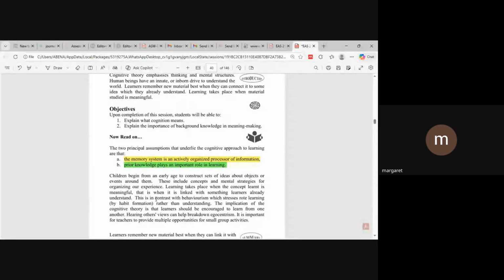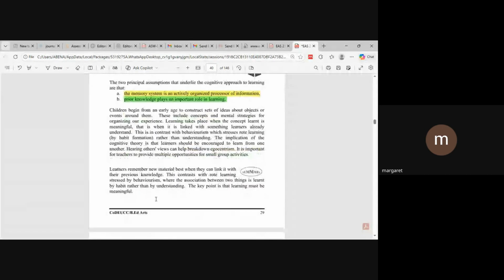So the learner can remember the new material you are teaching only when it is linked to their prior knowledge on the material. If you want them to understand what adjectives are, link them to their prior knowledge on adjectives.